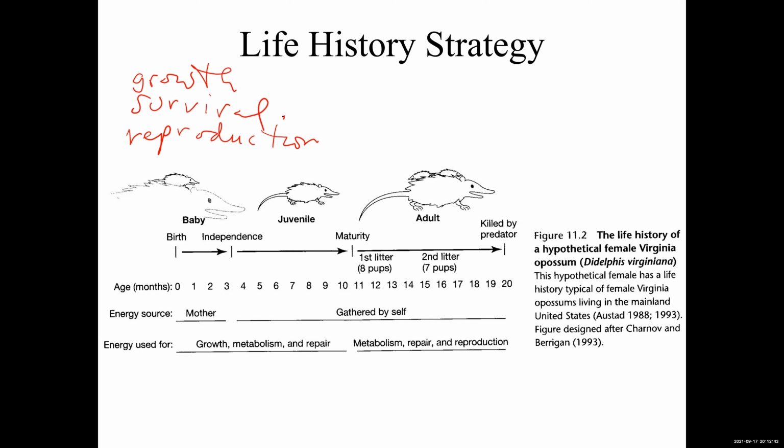So this is just an example showing that the juvenile is going to have a period of time in its life where it's going to use a lot of energy to grow. And then it shifts that energy to being available for reproduction once it's grown to adult size. So these are the factors that we're interested in that make up the life history strategy.